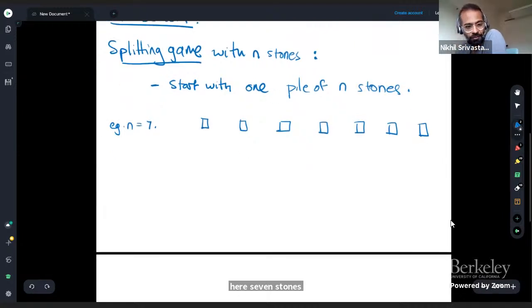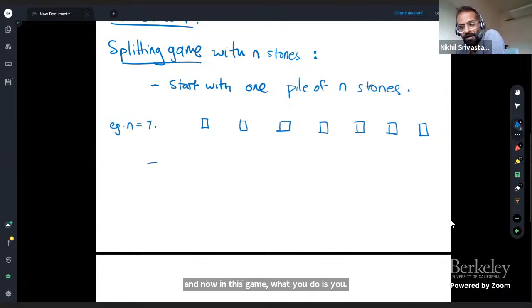And now in this game, what you do is you repeatedly split the pile into subpiles.